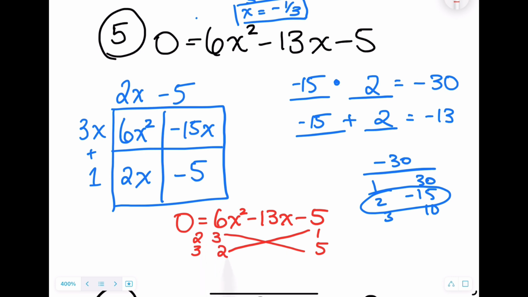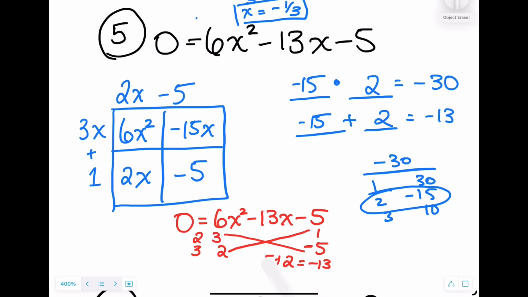So now let's switch up the order, and here we have 15 and positive 2. Those are the values that we found in our previous example, and we know that's going to work because negative 15 plus 2 will give us the negative 13 that we're looking for. And in order for us to get negative 15, the 5 has to be negative here.